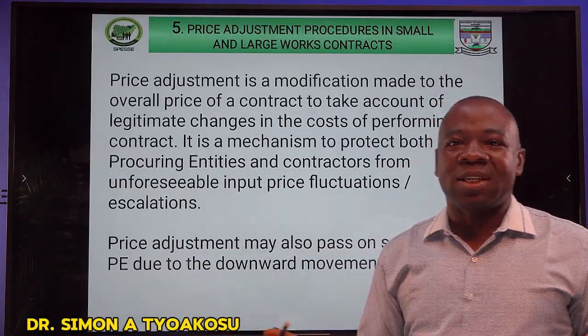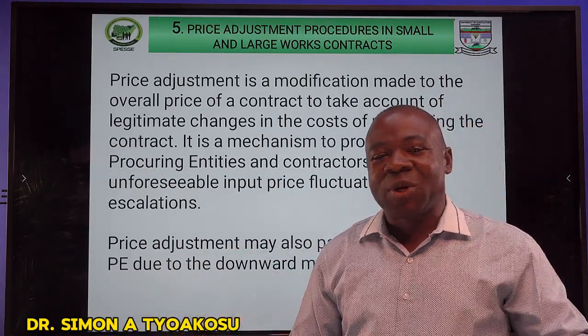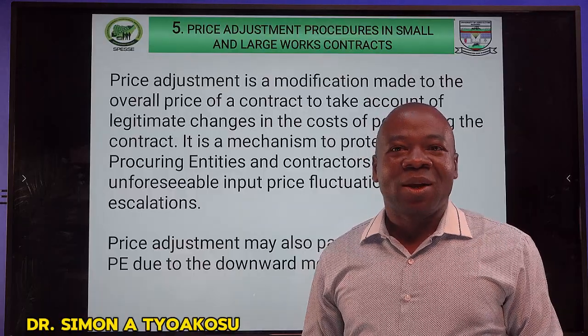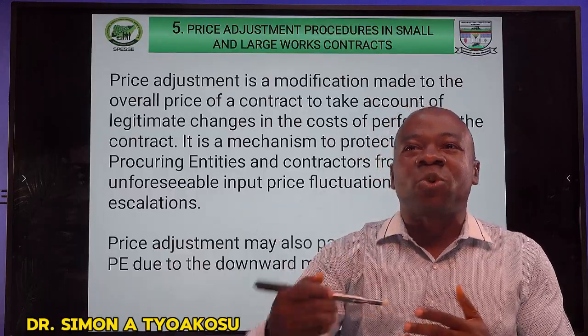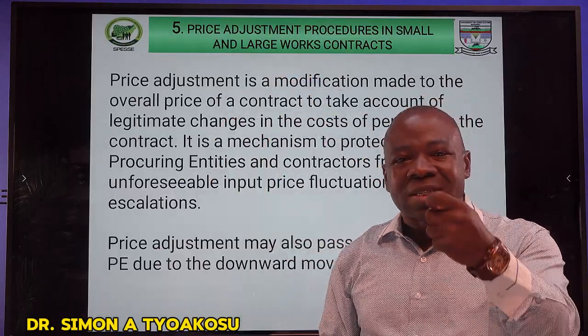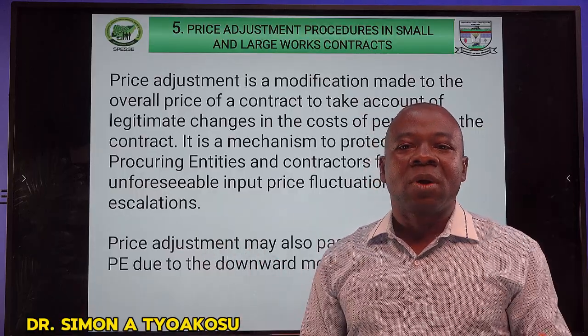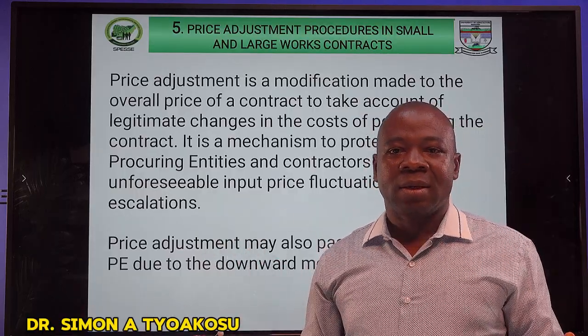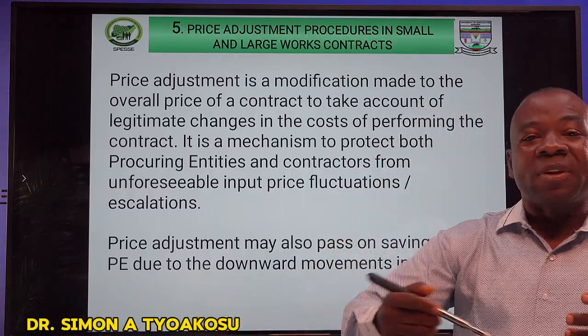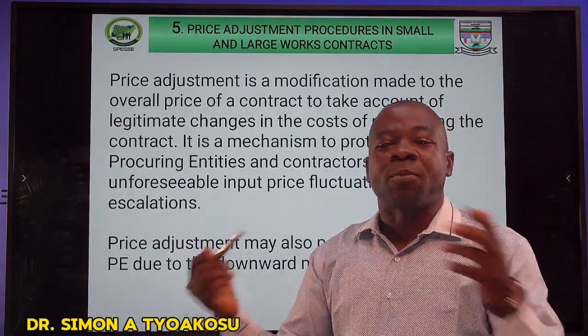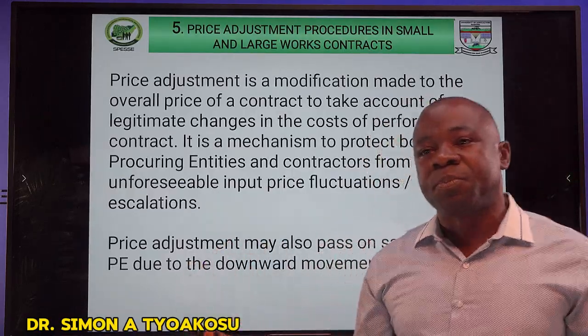For instance, particularly in our economy here in Nigeria, it's difficult for you to predict when certain goods and product prices rise. One of the major products that we use in almost every project we carry out in Nigeria is petroleum products.